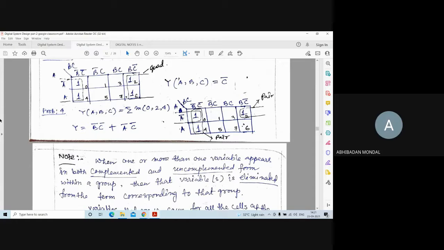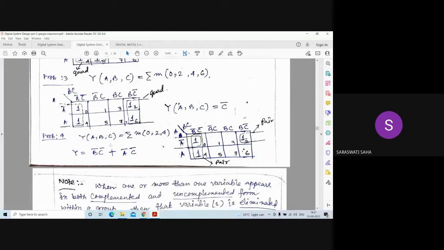Now try to solve this, and you have already got the result. Have you got the result? Yes, ma'am. So how can we take the adjacent ones? See, here 1 is not present, so it is 0.